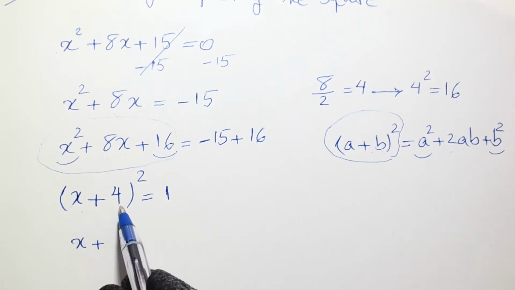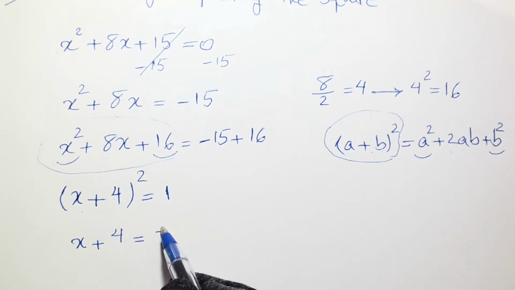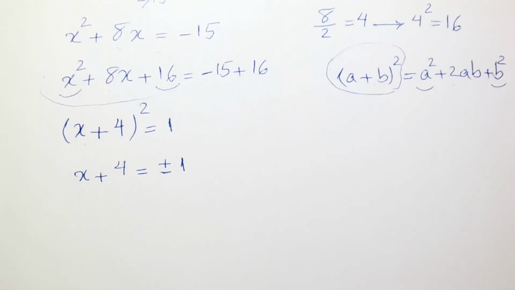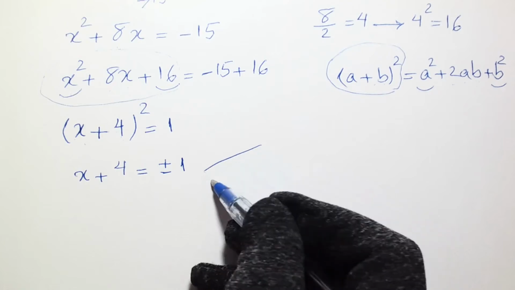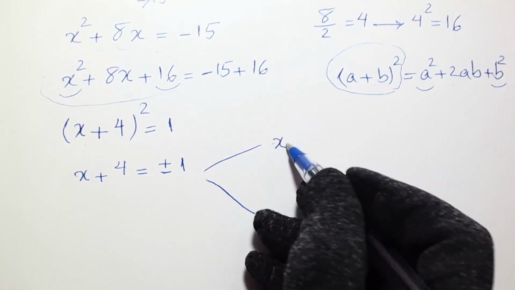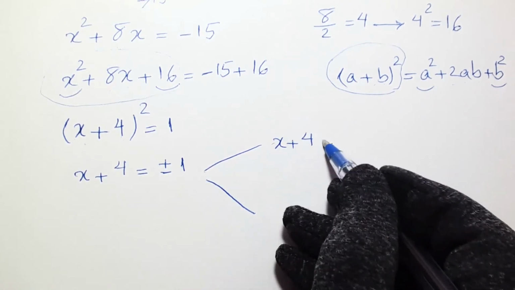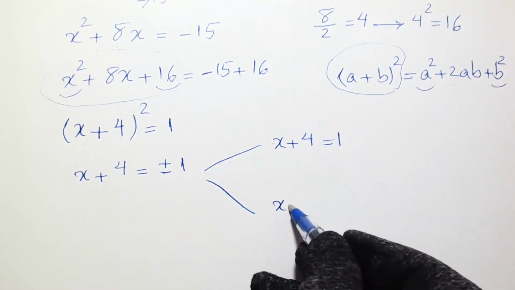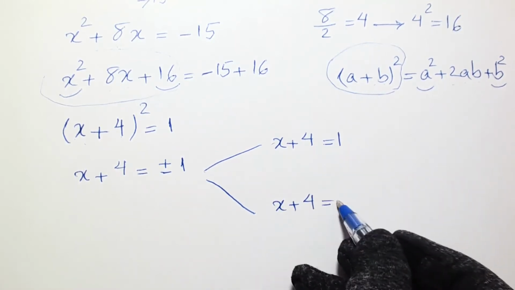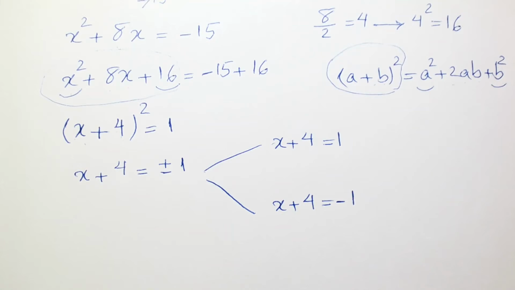So the square root of (x plus 4) squared is x plus 4, equals positive and negative square root of 1, which is 1. Now I have two equations here: x plus 4 equals 1 and x plus 4 equals negative 1. I need to solve these two equations to find the solutions.